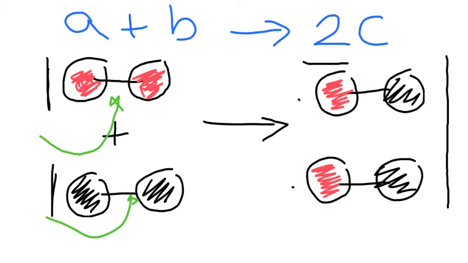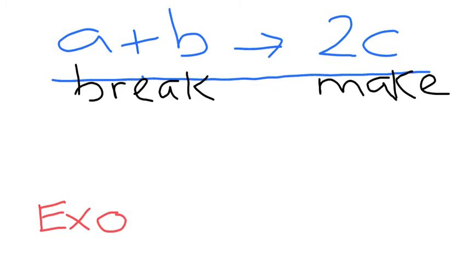When those bonds have been broken, the atoms can rearrange, and a new bond produced here and a new bond produced here. So in any chemical reaction, bonds are broken and bonds are made.